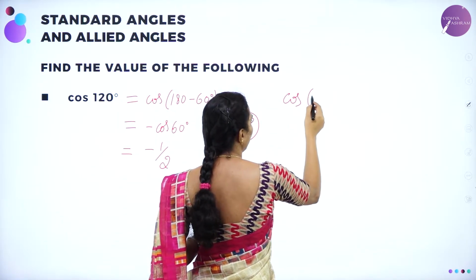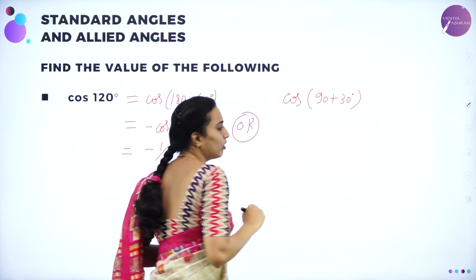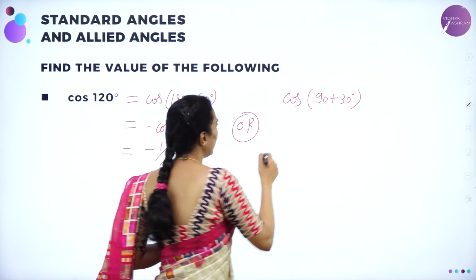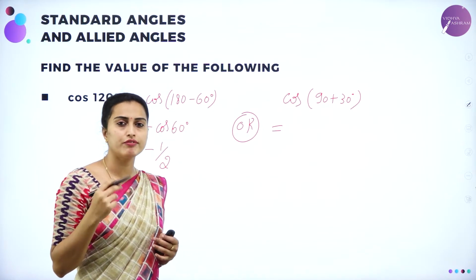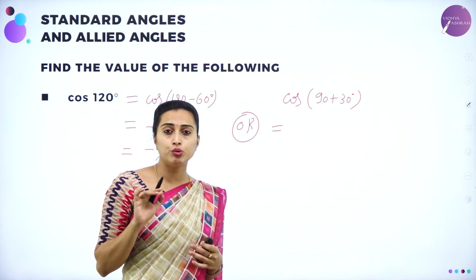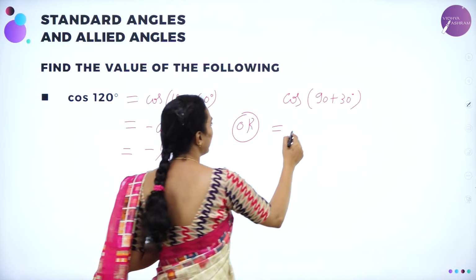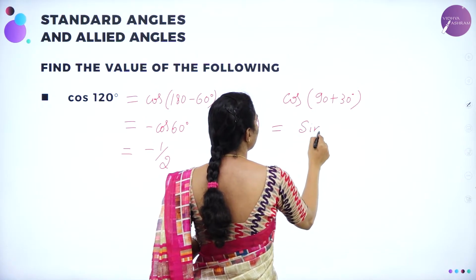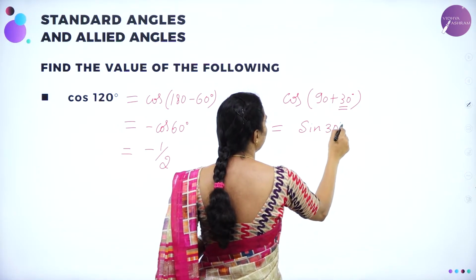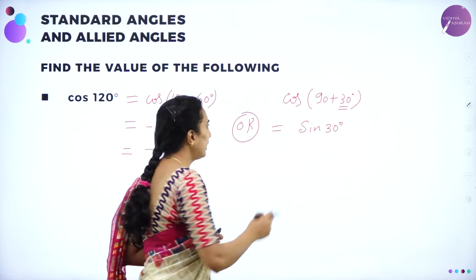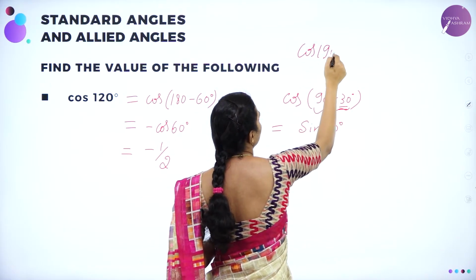Or you can solve it by this method also. Instead of writing 180 minus, you can write it as 90 plus 30, because 90 plus 30 also gives you 120 degrees. So this is nothing but cos of 90 plus theta. What is cos of 90 plus theta? In 90 or 270, cos will change to sine, and sine will change to cos. So here cos will change to sine, you write sine theta, where theta here is 30 degrees, but you should depend on which sign. 90 plus theta falls in which quadrant?